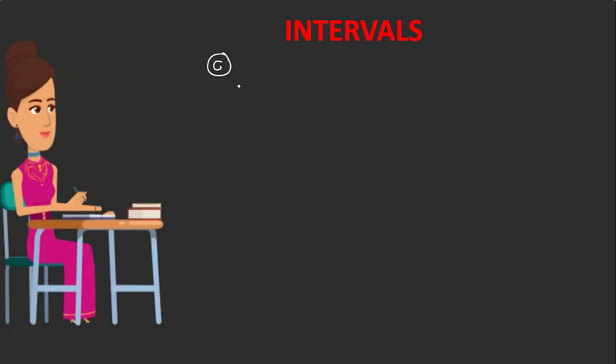So this is set C. If you look at set C and set A, you can now look for the intersection between these two sets. The intersection is simply this region. So this is the intersection set.